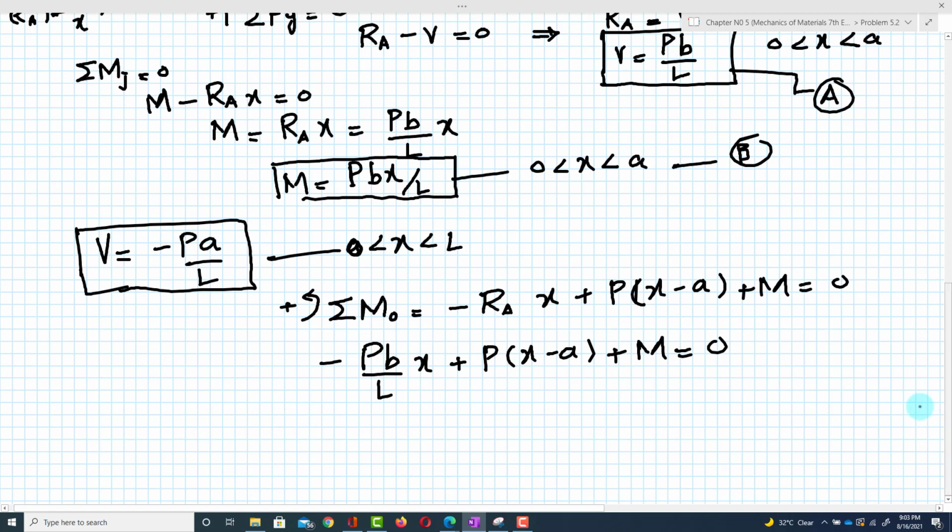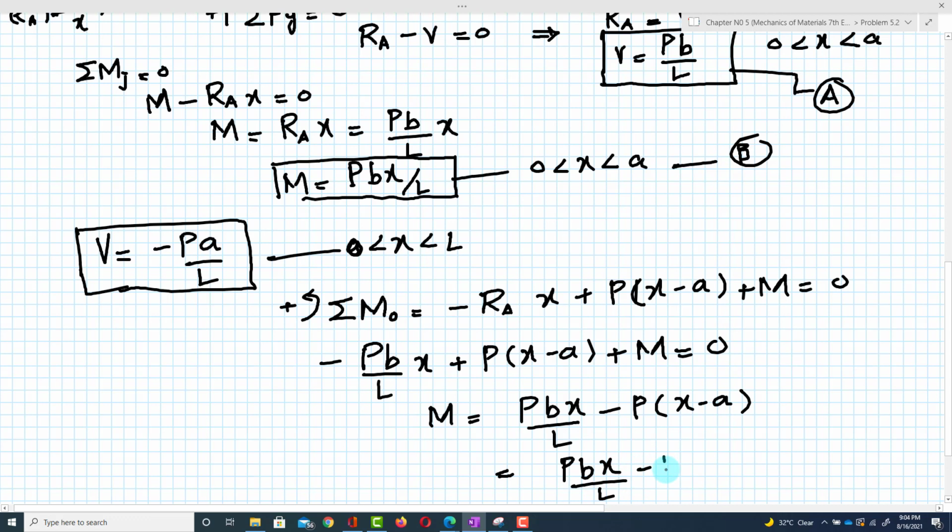Now if you solve this, M will be equal to P B X over L minus P into X minus A. Clear? So if you multiply it out, P B X over L minus P X plus P A. Clear?